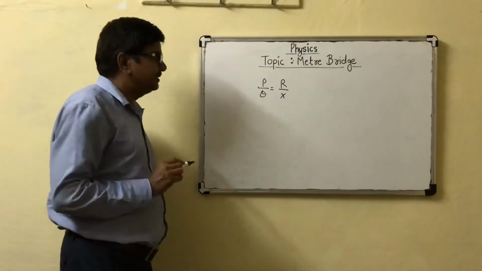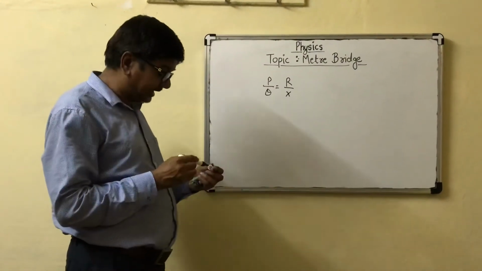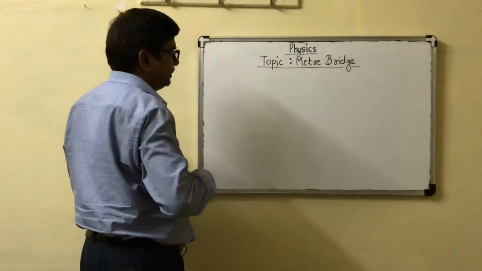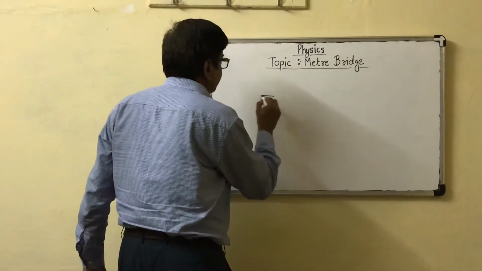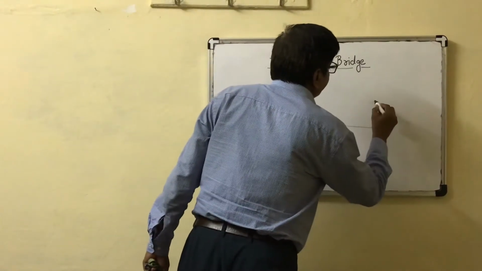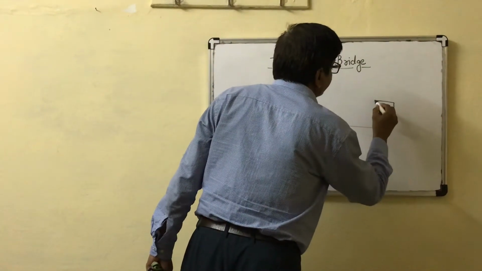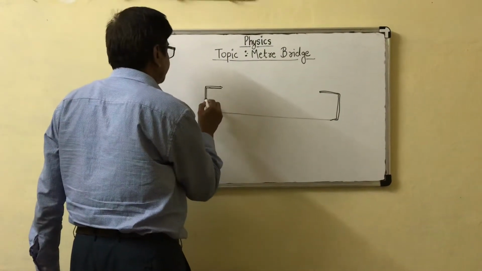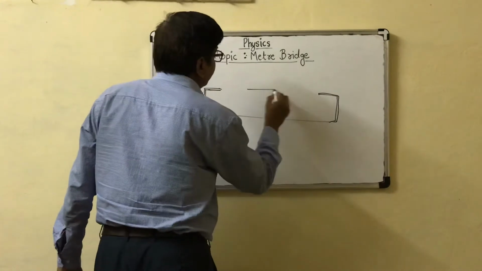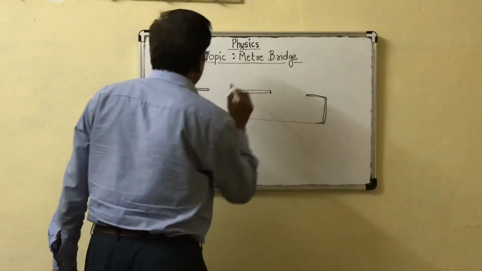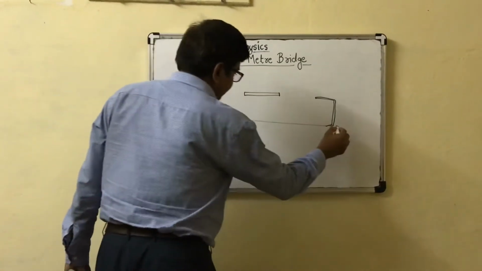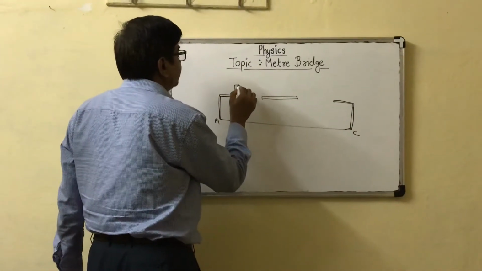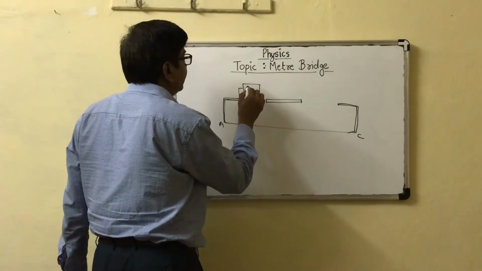Now question is, draw the circuit diagram of meter bridge. This is a meter bridge, and this is the circuit diagram of meter bridge. This is a point A, this is a point C. This is a gap connected RB.